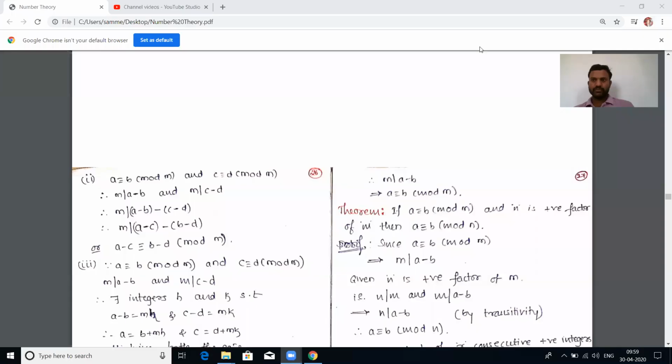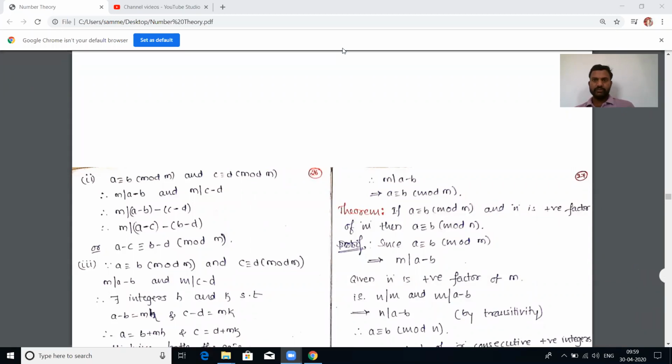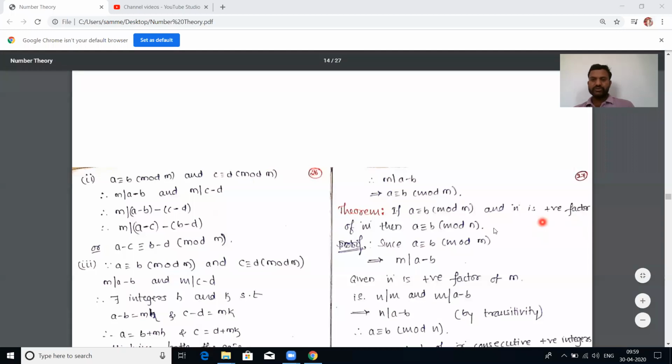a is congruent to b mod m. The next theorem: if a is congruent to b mod m and n is a positive factor of m, then a is congruent to b mod n also. If n is a positive factor of m, then only it is true, otherwise it is not. Since a is congruent to b mod m, that implies m divides a minus b.